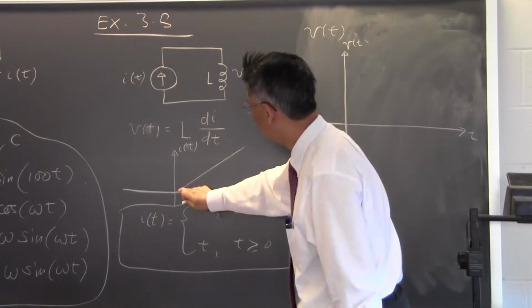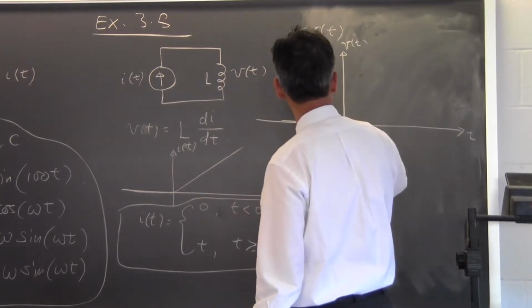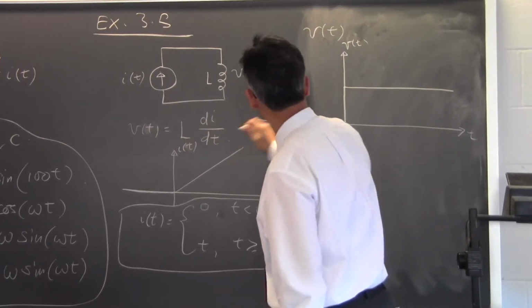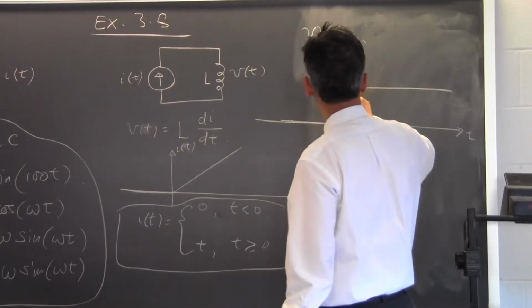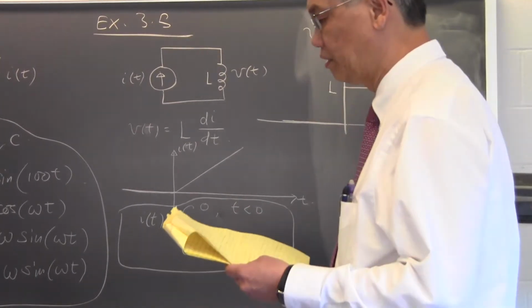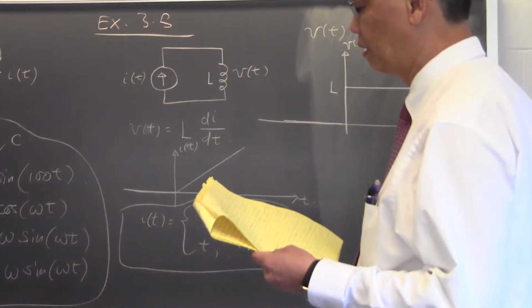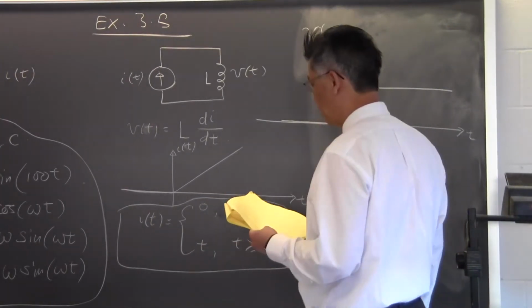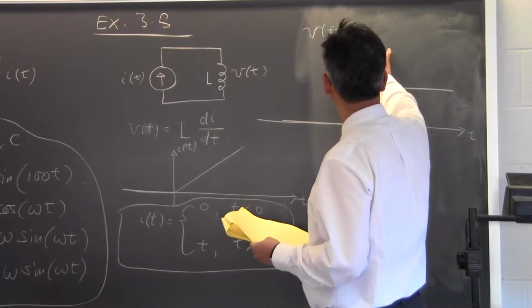Okay? At this juncture, when it switches over to be a straight line, when it differentiates, it becomes 1, but multiplied by the value of L. Okay, so v of t will look something like this. And L is given in the textbook to be something like 1 Henry. Okay, inductors are measured in terms of Henry. And you get v of t to look something like this.